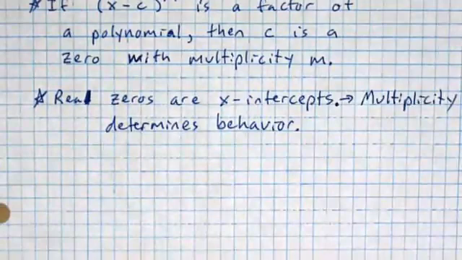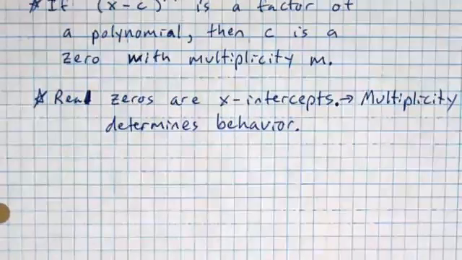Did you talk about whether it crosses the x-axis or whether it touches and bounces off the x-axis? Does that sound familiar to you at all? Did you use touch or bounce? Or cut or cross? Cross and bounce? Okay. I think our book uses cross and bounce somewhere.